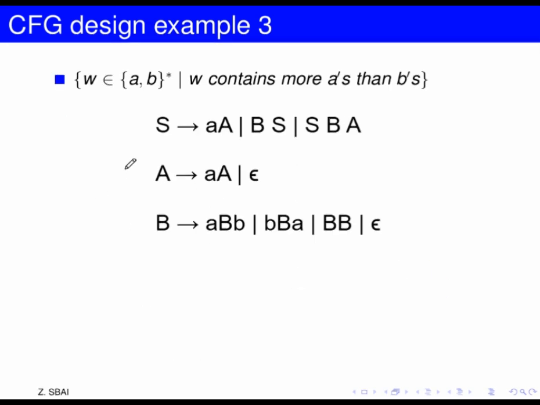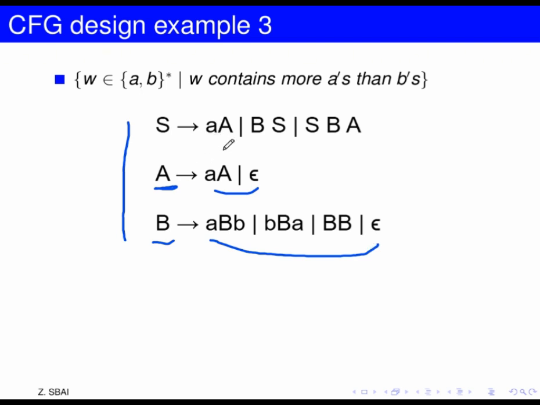And now we may clean up the rules and write these three non-terminal symbols S, A and B, with S containing the strings with more A's than B's. A will yield to 0 or more A's, and B will yield to a balanced number of A's and B's.